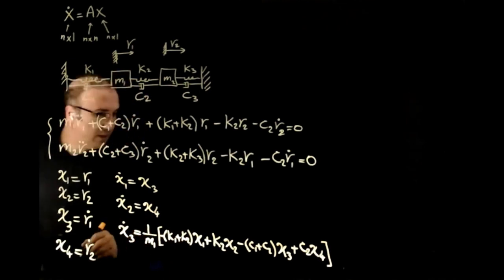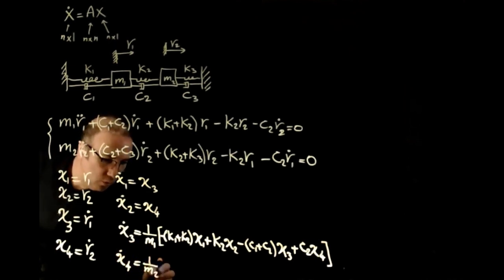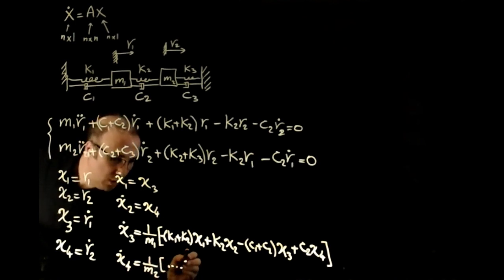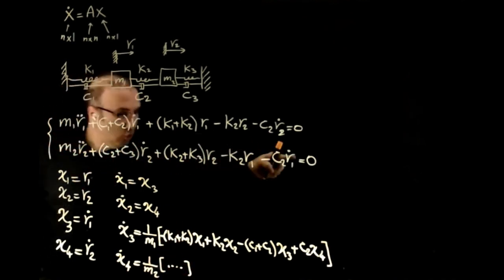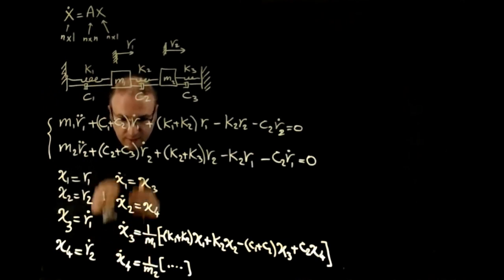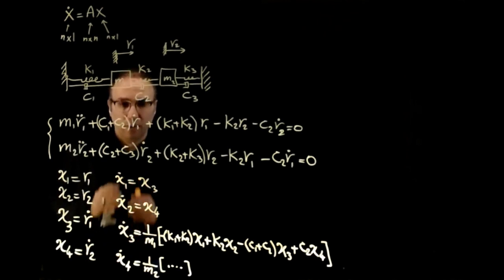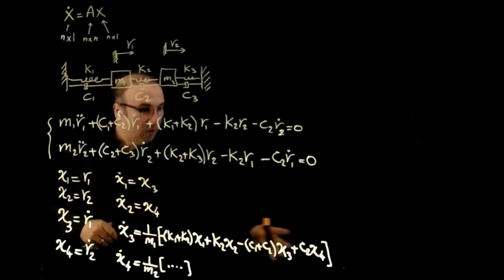This is x3 dot in terms of the others, and x4 dot would be 1 over M2. I don't want to write out the terms, but I use this equation. So you see, I get x1, x2, x3, x4, all of them, the change in time, x1 dot, x2 dot, in terms of the other x's.